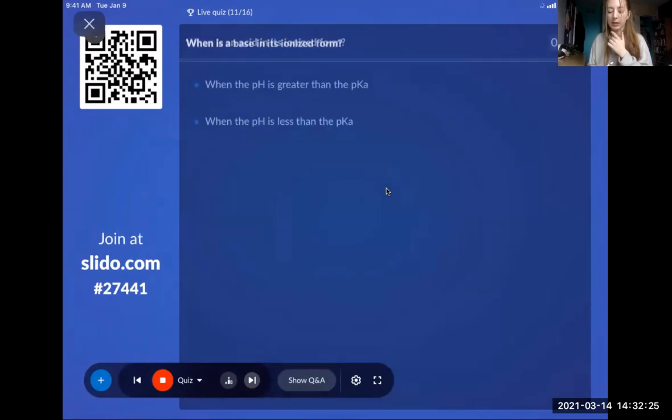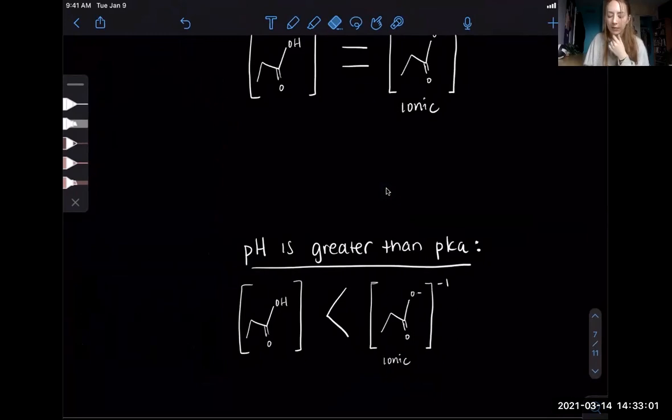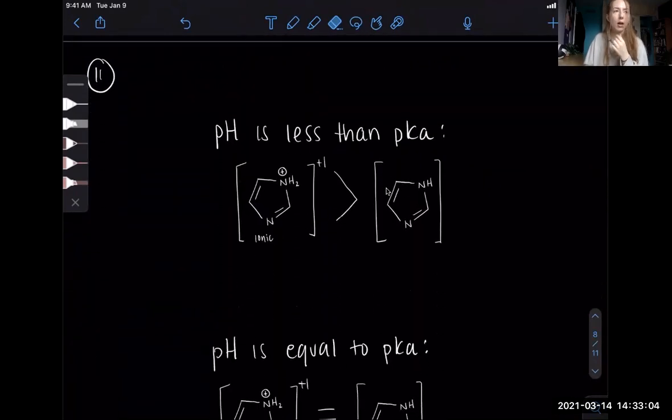What happens with bases? When are they in their ionic form? What we're going to see is the opposite.